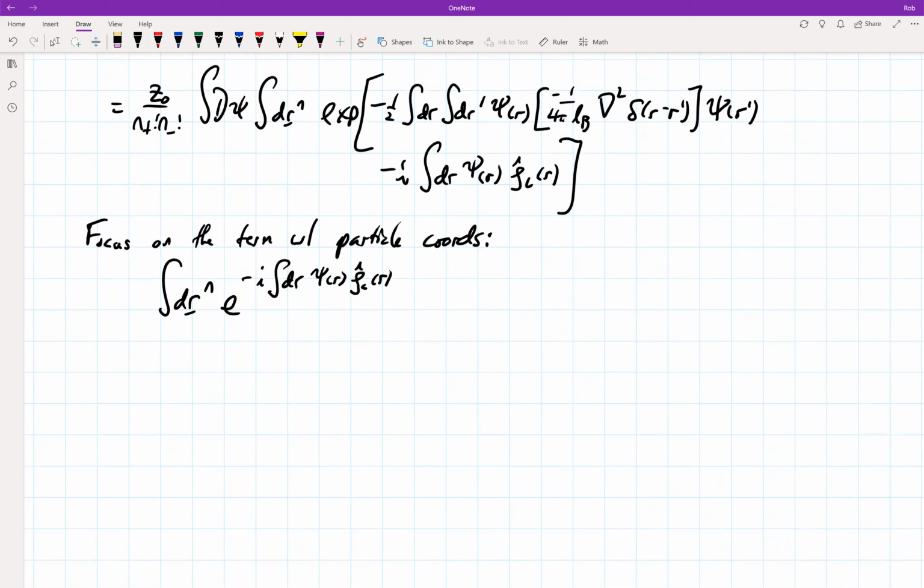And now we can plug in for rho hat c so that we can write it in terms of the positive and the negative ions.